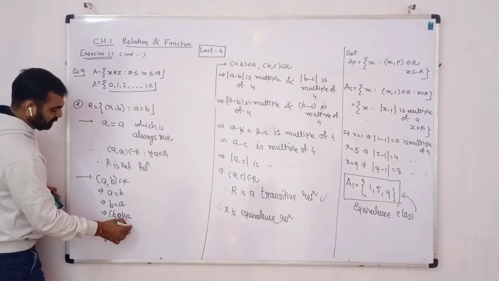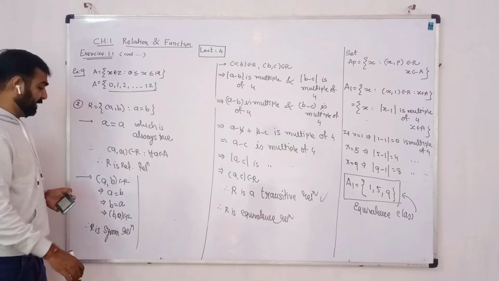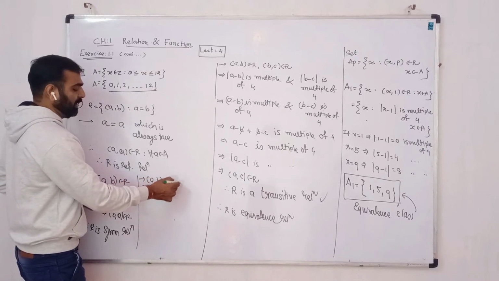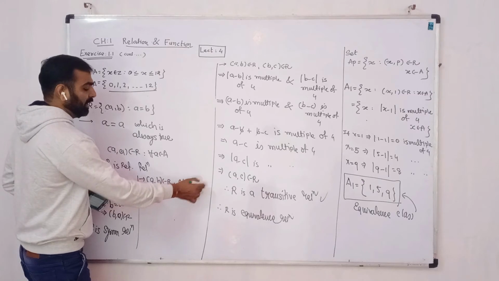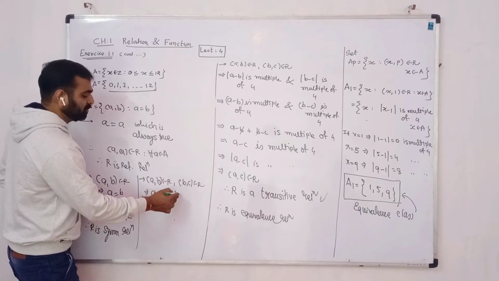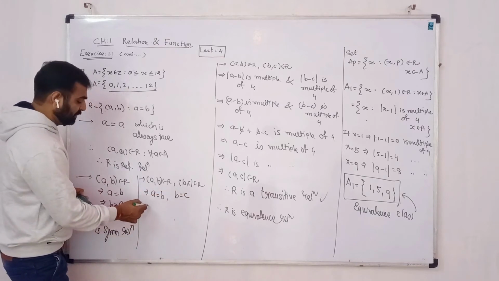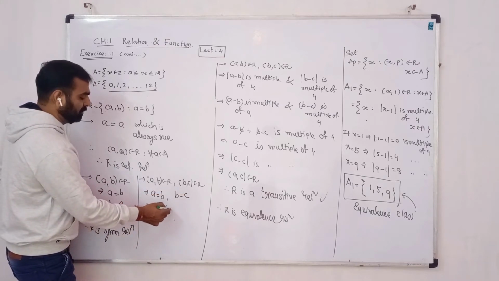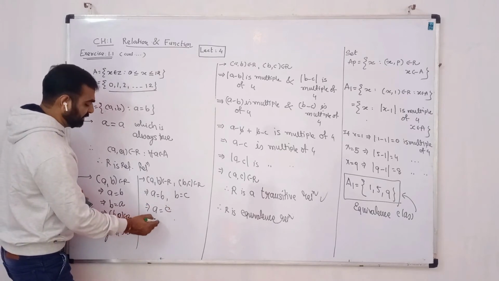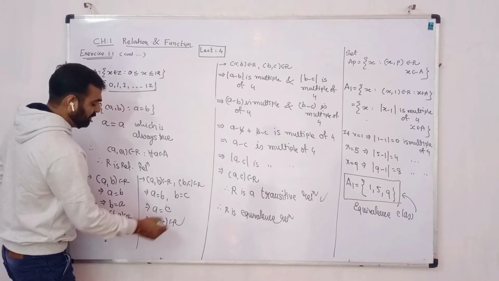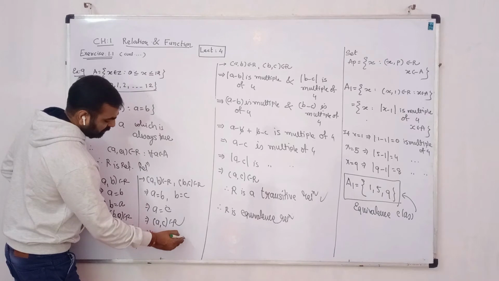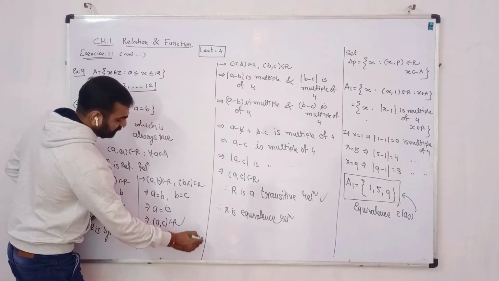Done here, children. Okay, now for transitive, what will you do? Take two: (A, B) belongs to R, (B, C) belongs to R. (A, B) belongs to R means A equal to B, (B, C) belongs to R means B equal to C. So that implies what can we say, that A equal to C, directly we can say that A equals to C. What does that mean? A and C are related to each other, so R is transitive relation.